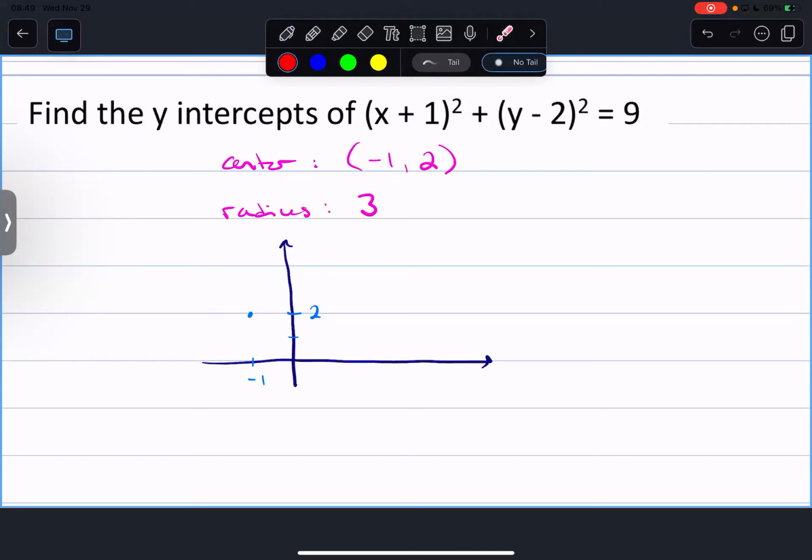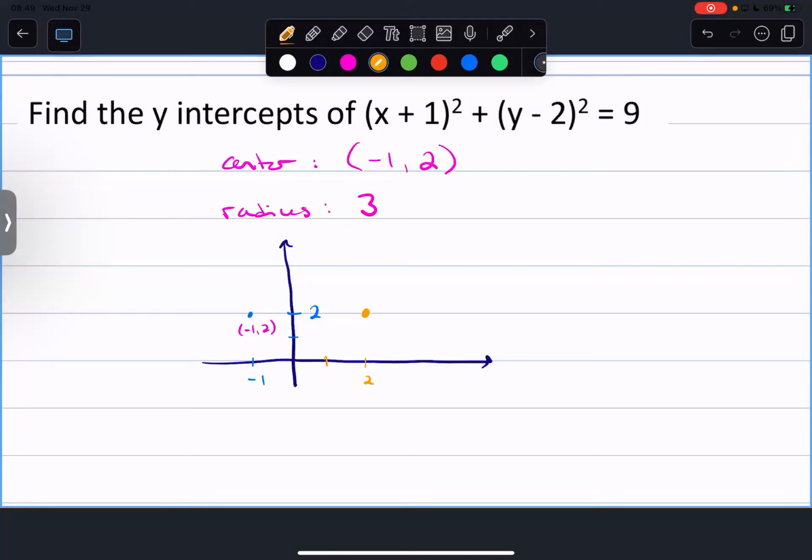So -1, 2. I'm going to force my radius to be 3. So from -1, just as a kind of a check-in point, I'm going to move 1, 2, which means that this is one of the points on the circle, right?